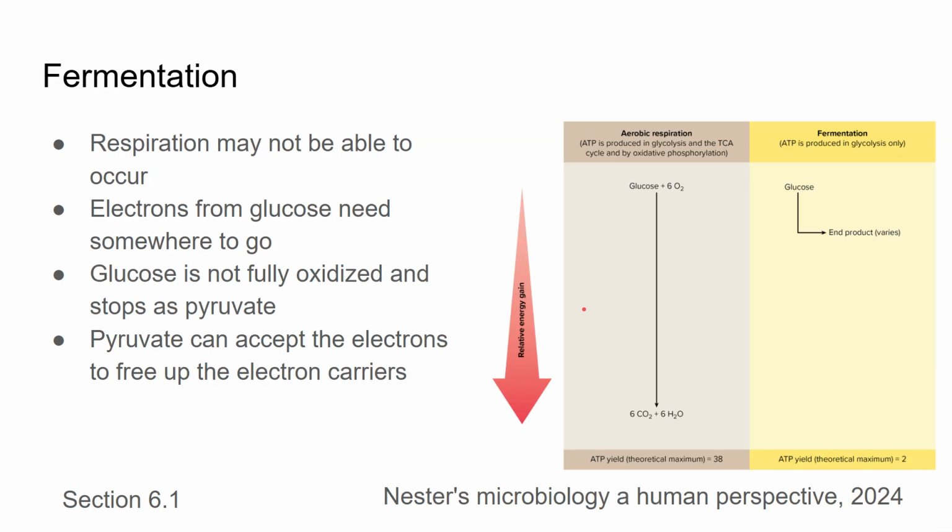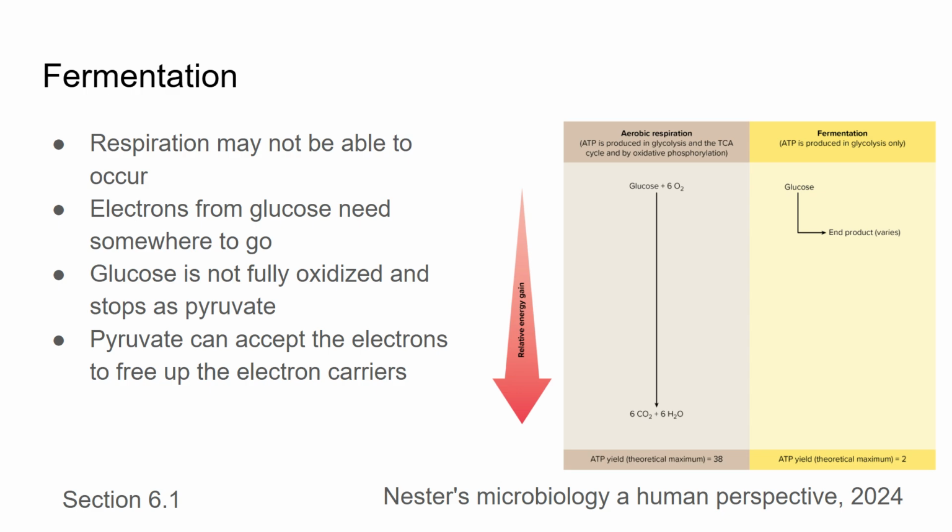And then fermentation. This is going to be when respiration is not able to occur. So that means you don't really have a great terminal electron acceptor. So electrons from the glucose will need somewhere to go. We do have a limited number of electron carriers, so we can't have those busy carrying electrons from glucose.